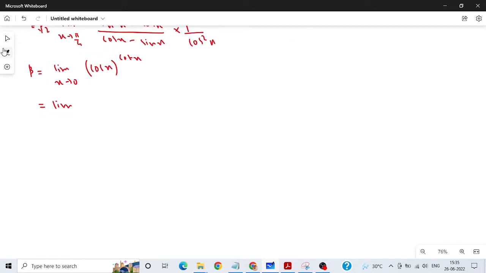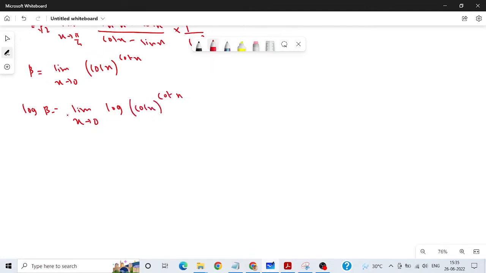So let's take logarithm on both sides. So we have log of beta equals limit of x tends to 0 of log of cos x raised to cot x. Actually, it was log of limit, but it became limit of log because log x is a continuous function.